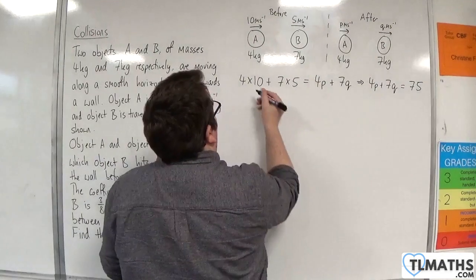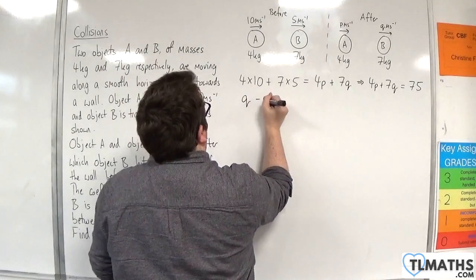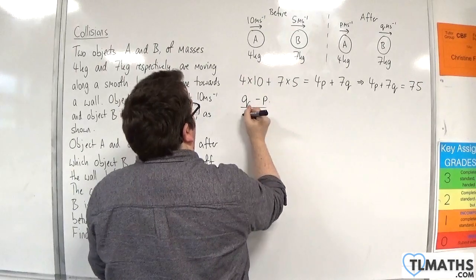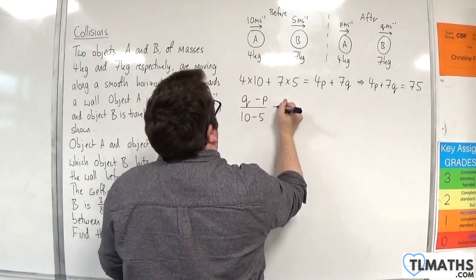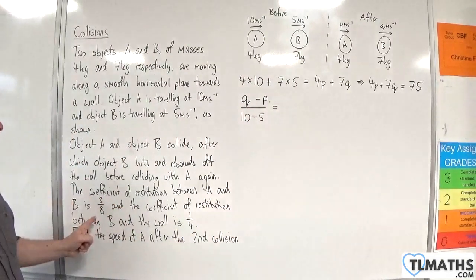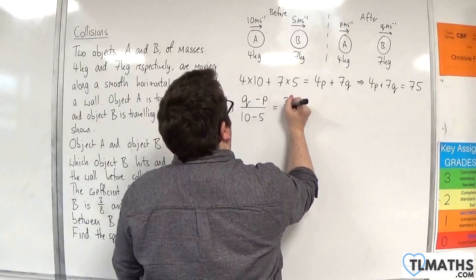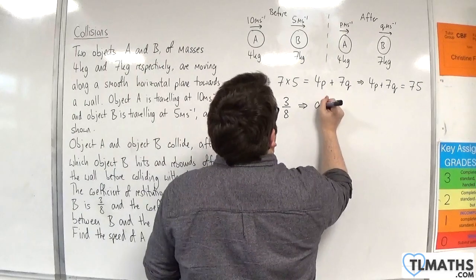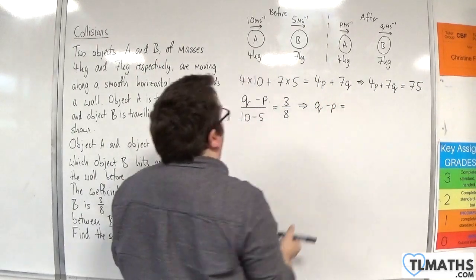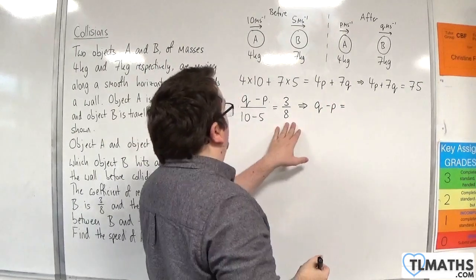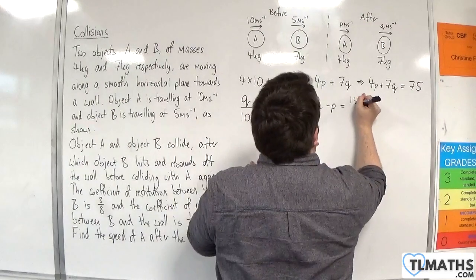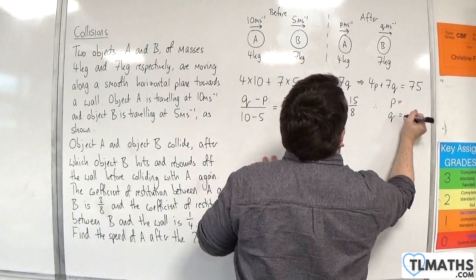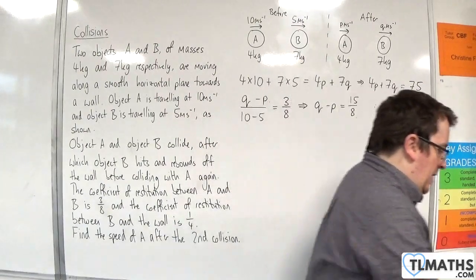So the speed of separation, Q minus P, divided by 10 take away 5, the speed of approach, must be equal to 3/8. So Q minus P must be equal to 5 lots of 3/8, so 15/8.